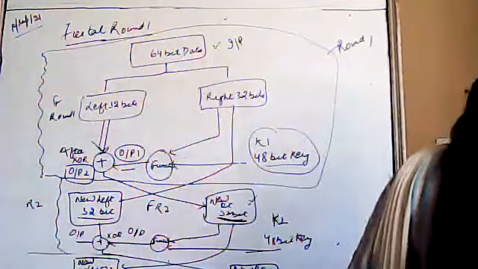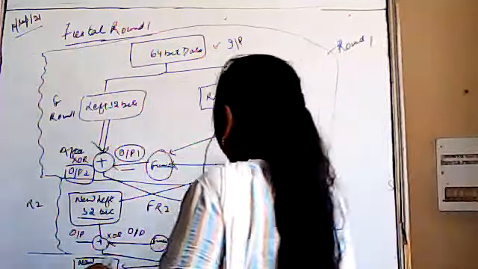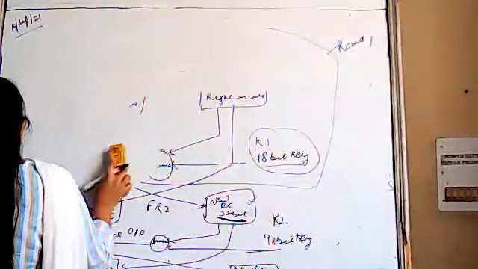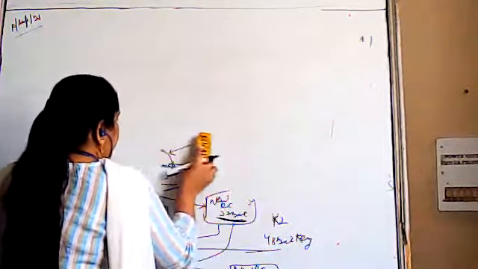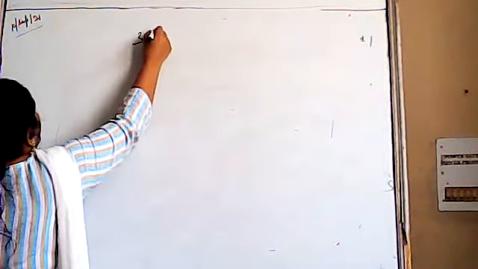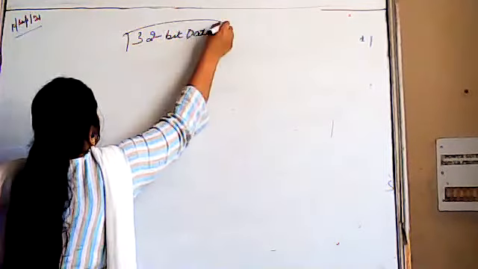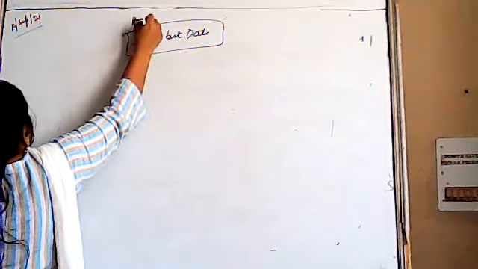Now let's see what is inside the function block. This 32-bit data was the write data, which was given as an input to the function block, so I'm taking it as the right side data.